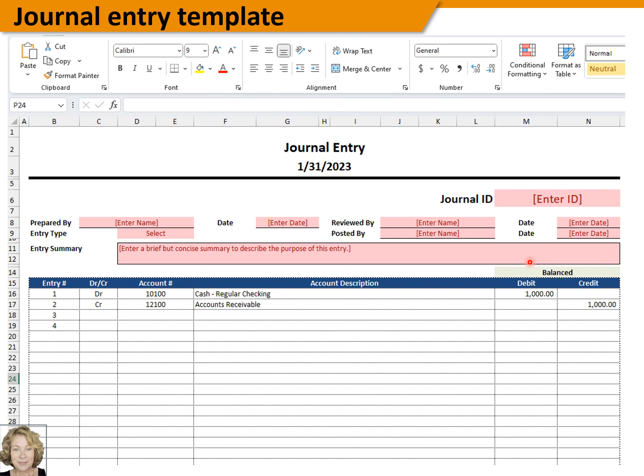Once the journal entry has been completed, the preparer would send it to the reviewer. Once the reviewer approves and enters their name and the date of the approval, the entry can be posted to the general ledger.